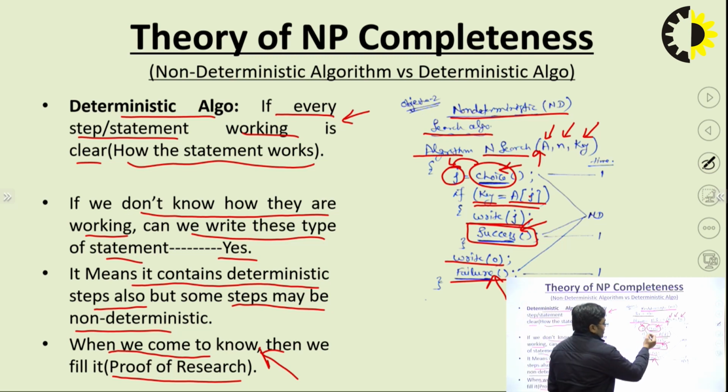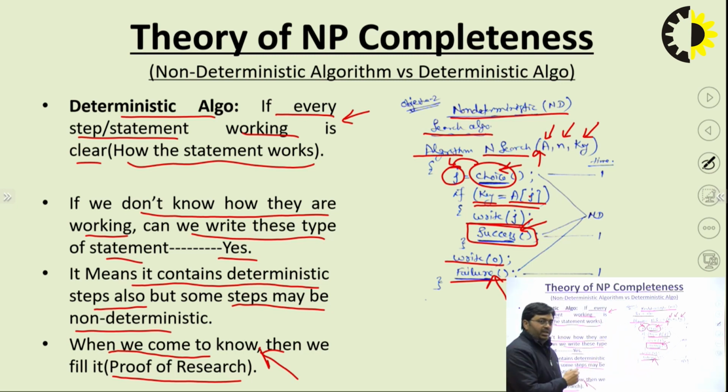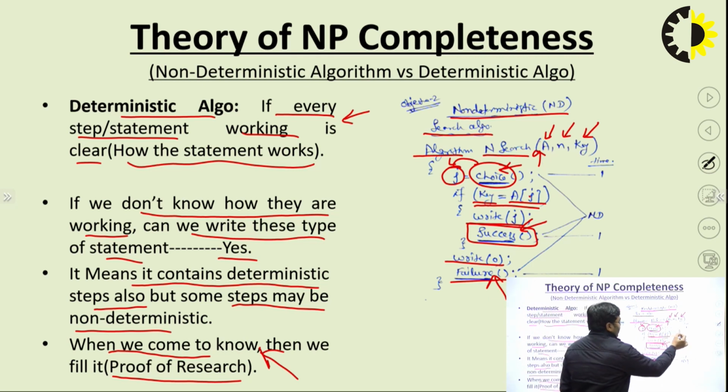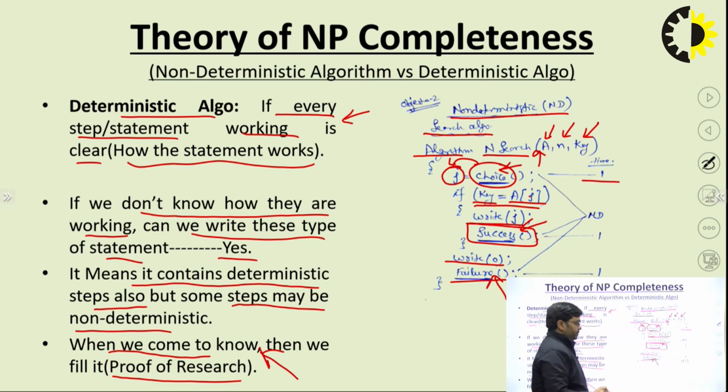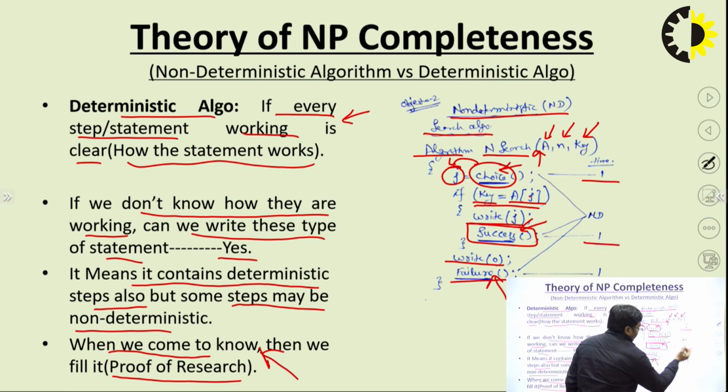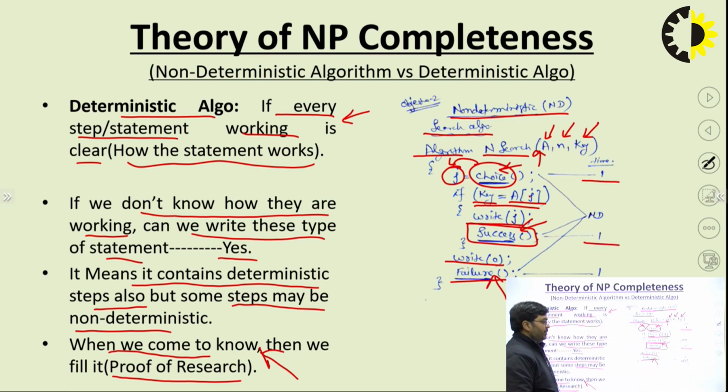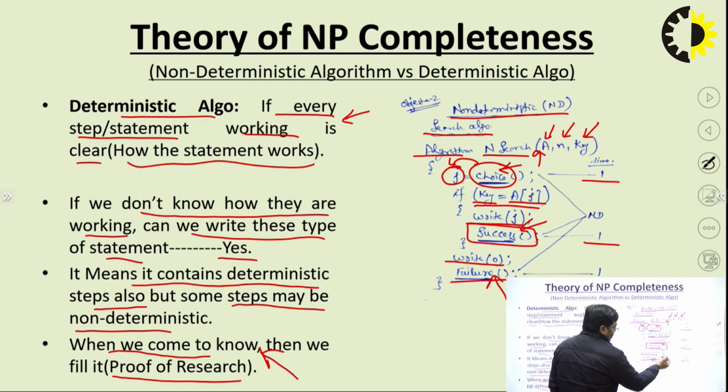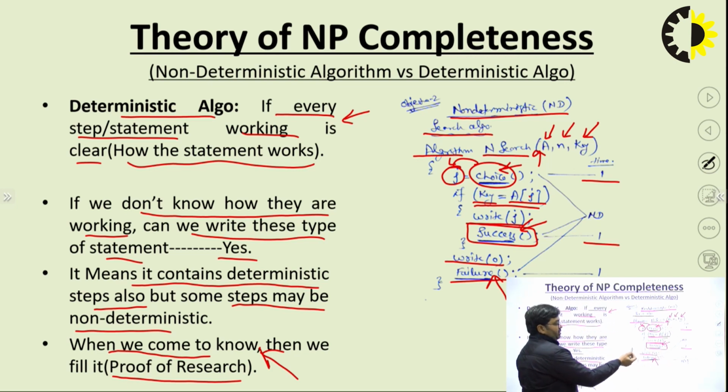It means if choice is able to find the element which we are trying to find in that array, that will take only time 1, meaning constant time. And if this condition is satisfied, then success will also take order of 1 time. And if it is not found, then failure is also taking time 1.